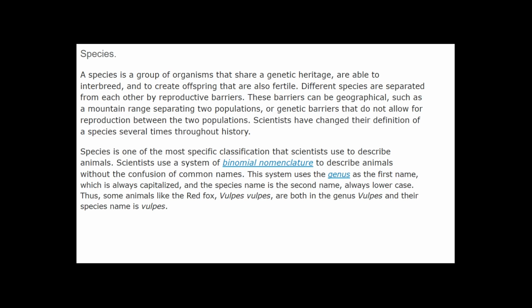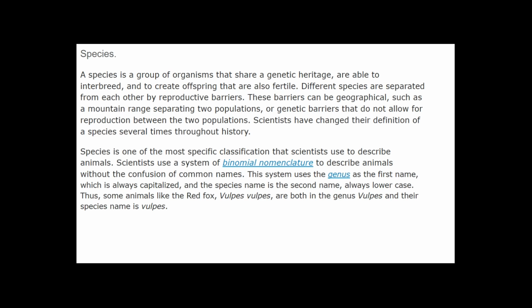So scientists have changed their definition of species several times throughout history. The problem is that defining species is fairly difficult, and the best way is up here: able to interbreed and create fertile offspring.